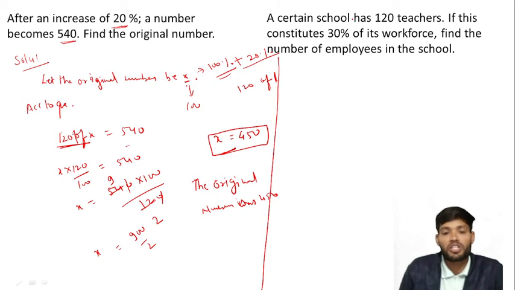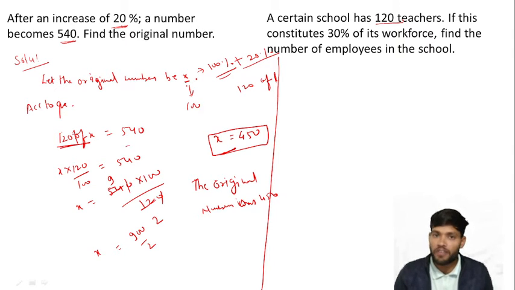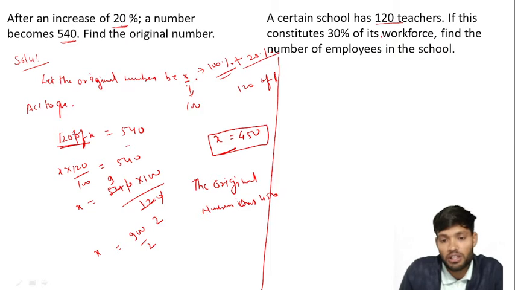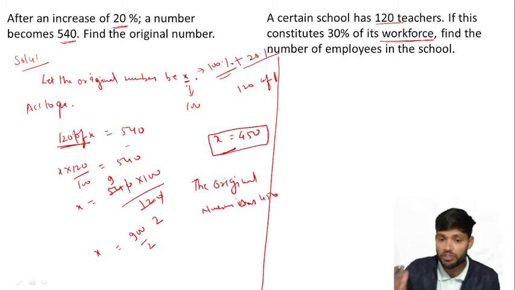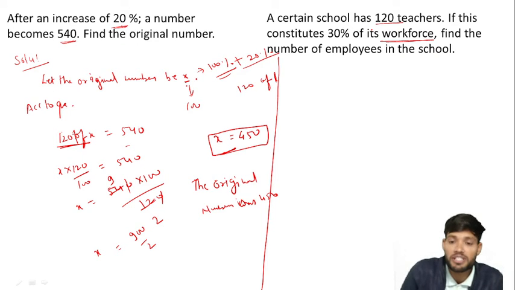A certain school has 120 teachers. If this constitutes 30% of its workforce, what will be the total number of workforce or employees in the school if 30% of this workforce is equal to 120 teachers?